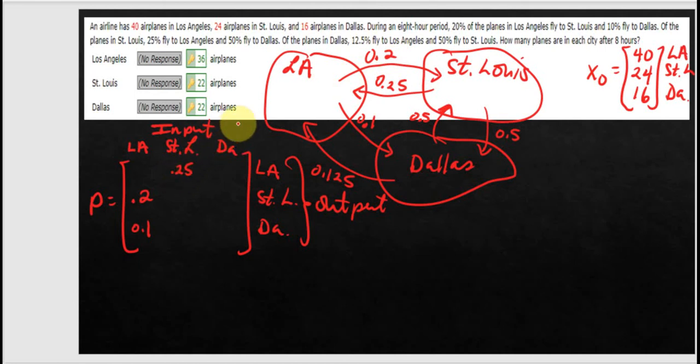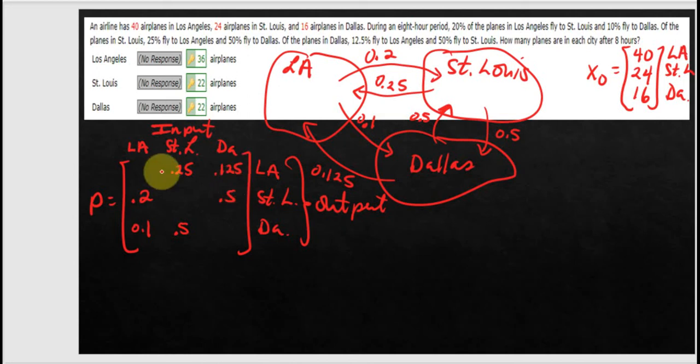St. Louis to Dallas, 0.5. And then from Dallas to LA, that's 0.125, and then Dallas to St. Louis is 0.5.